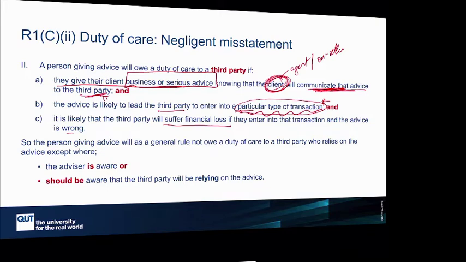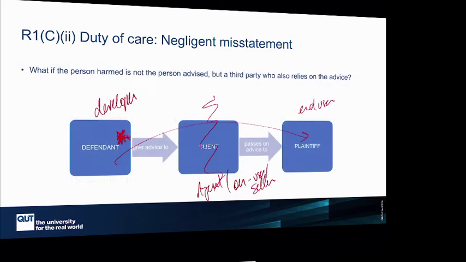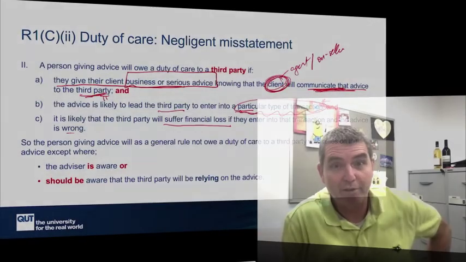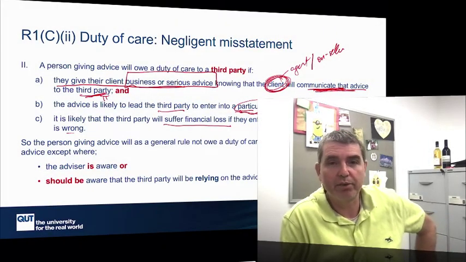And if the advice is wrong, then it's going to end in loss. So if we satisfy those three elements, then, in this case, the developer of the idea or the person who originated the idea owes a duty of care to the third party, who will become the plaintiff if that advice is wrong. So there we have it, owing a duty of care under negligent misstatement.